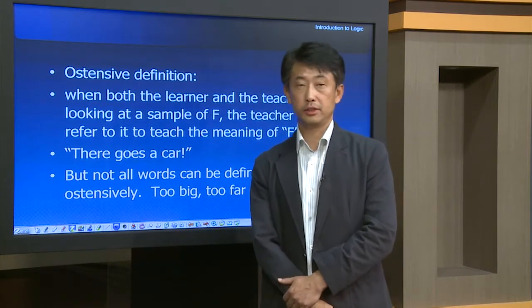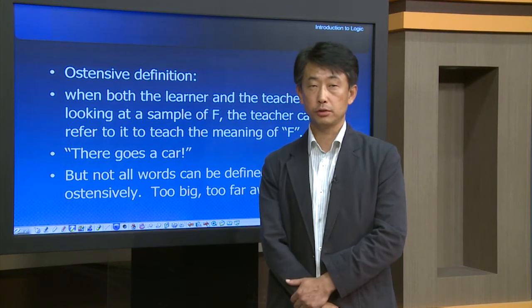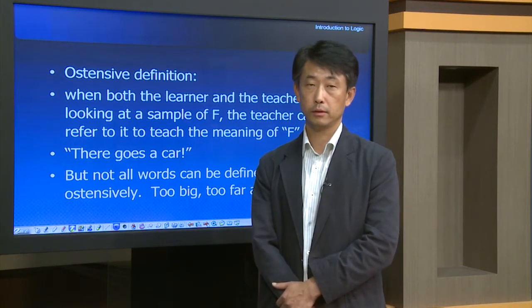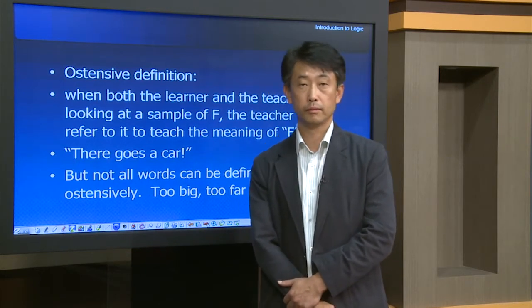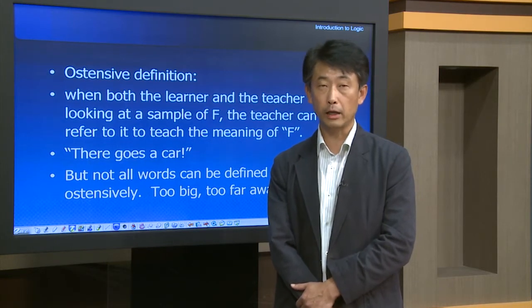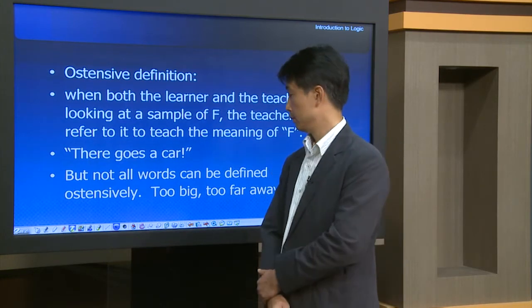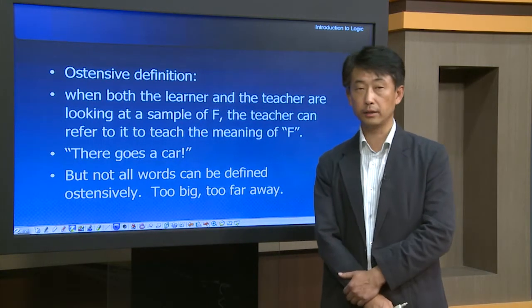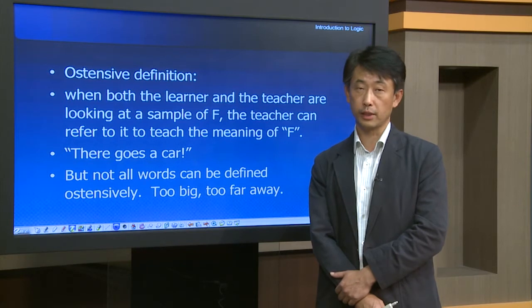You can see that ostensive definitions have a limited application. For example, certain concepts refer to things that are too far away or too big so that nobody can see those objects.